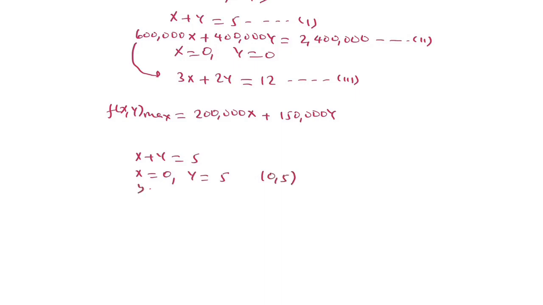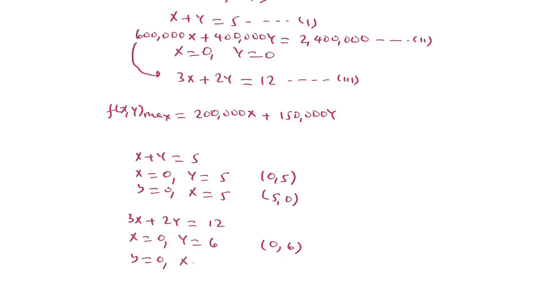When Y equals 0, X is 5, and our second point is (5, 0). Our next equation is 3X plus 2Y equals 12. When X equals 0, Y is 6, so the point is (0, 6). And when Y equals 0, X is 4, and our point is (4, 0).